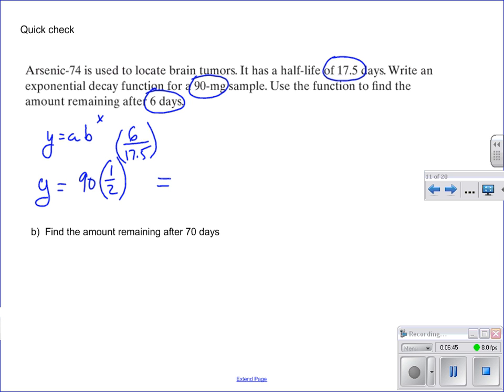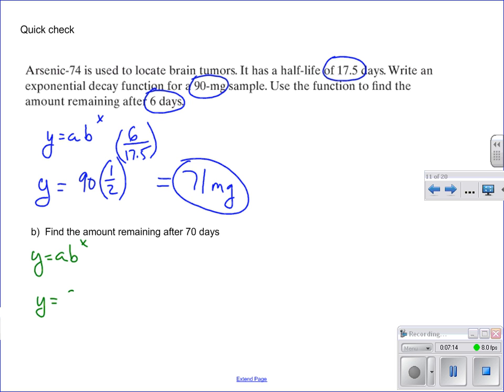1/2 to the 6 divided by 17.5, multiplied by 90, and you get right around 71 milligrams. We're very close to that number. All right, just to make sure we have this, let's look at one last time. If I had 70 days, life is good. y equals a b to the x, and why is life good?